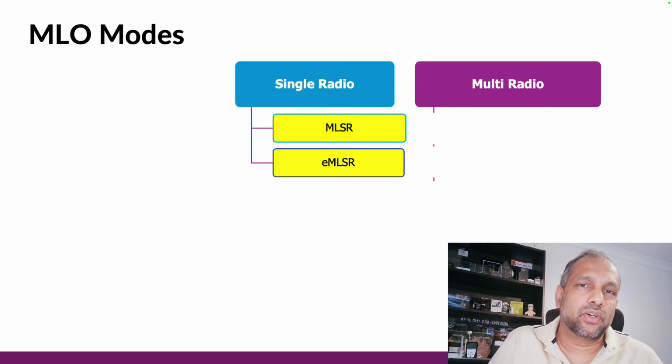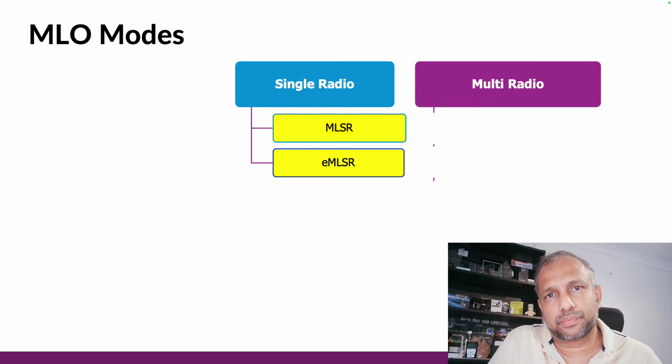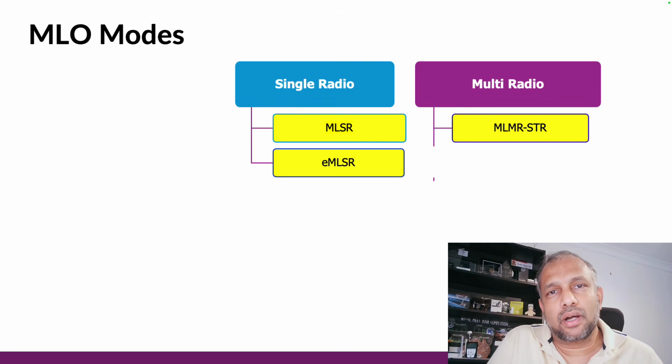Now the other side of the main classification is what we call multi-link multi-radio. Here you have an option called multi-link multi-radio with simultaneous transmit and receive. That means your device has multiple radios, and those radios can operate at the same time, independent of each other. Typically an access point falls into that category.